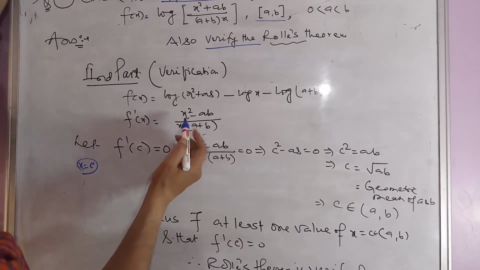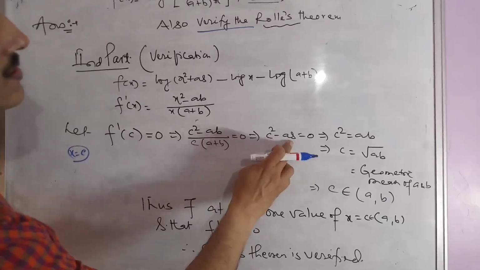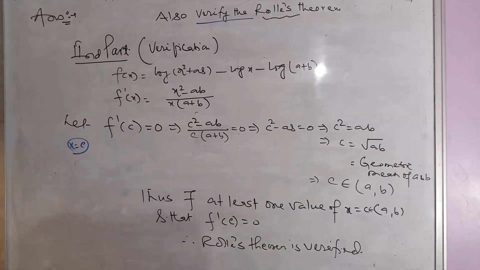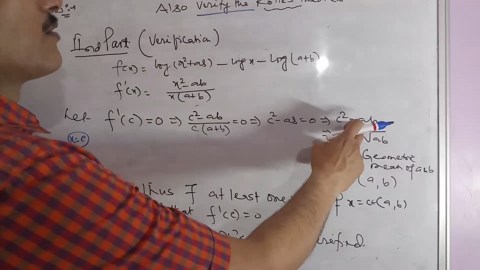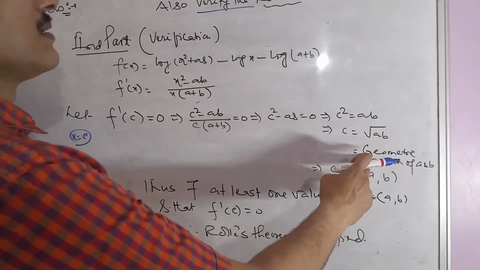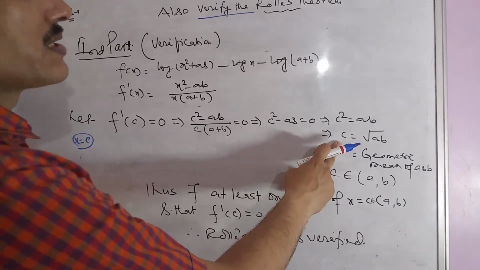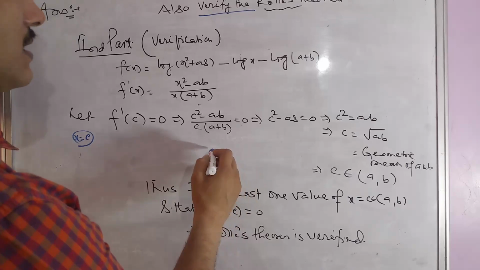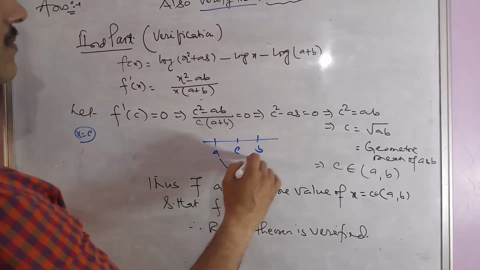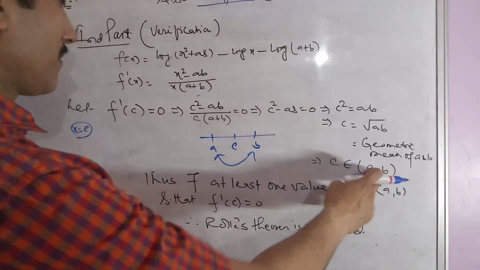This implies c square minus ab upon c into (a plus b) equal to 0. c square minus ab equal to 0, c square equal to ab, so c equal to root ab. This is the geometric mean of a and b. So c is the geometric mean of a and b, so c must lie between a and b. c belongs to the open interval (a, b).